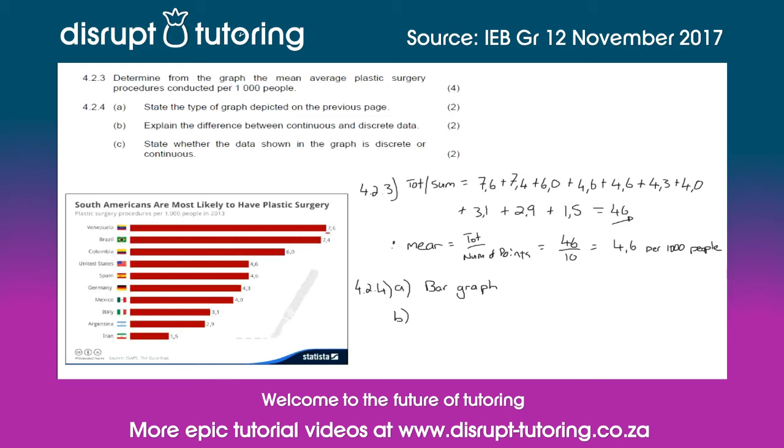For example, in this graph, we can see that Venezuela is a particular value, and it's separated from Brazil. So there are particular categories, whereas something like the length of students, where you can form a continuous line graph, is something that's continuous.